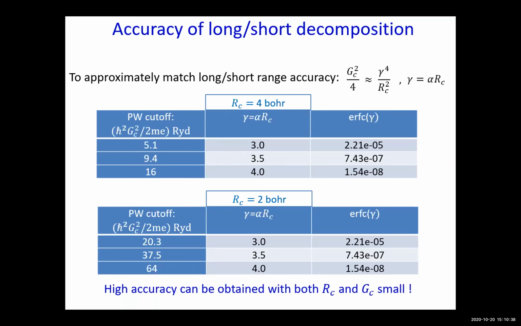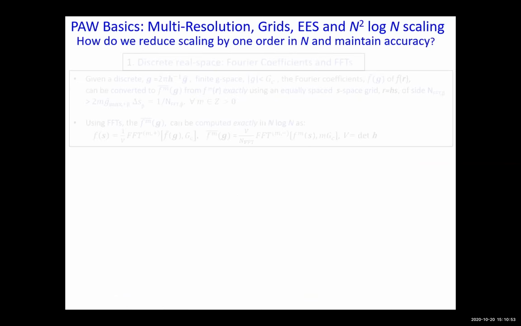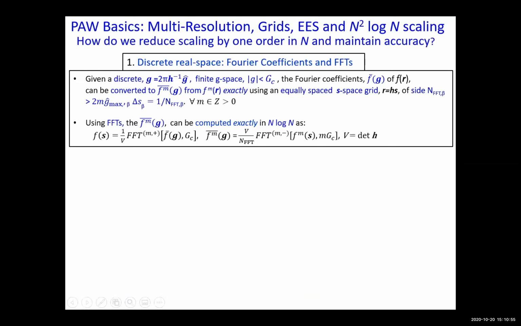And it's important that both the cutoff radius and this G-space cutoff are relatively small. So there are two tricks you need to understand plane waves. The first is that we work with a finite cutoff, and therefore we have a discrete variable representation.